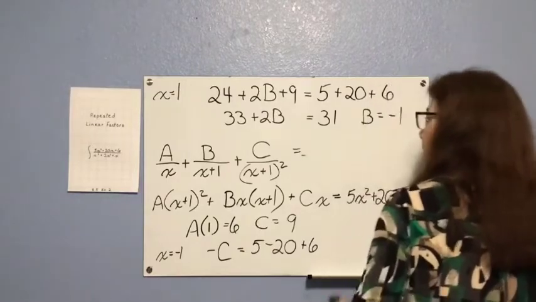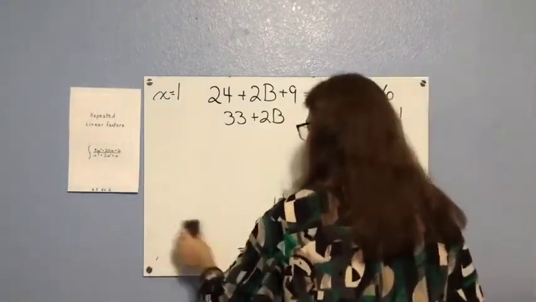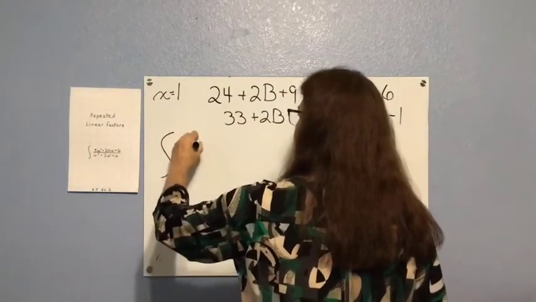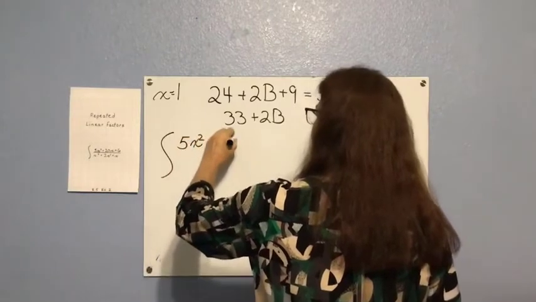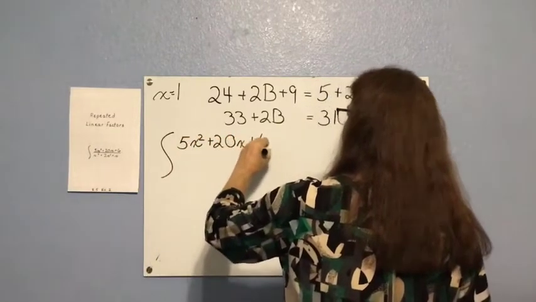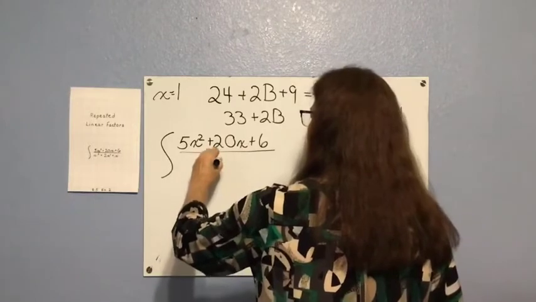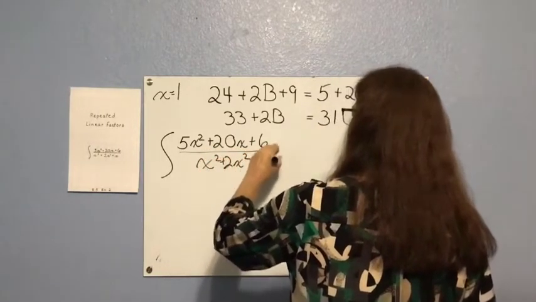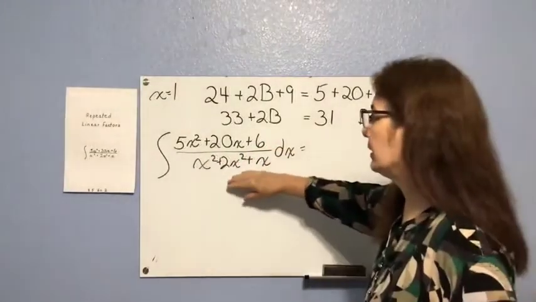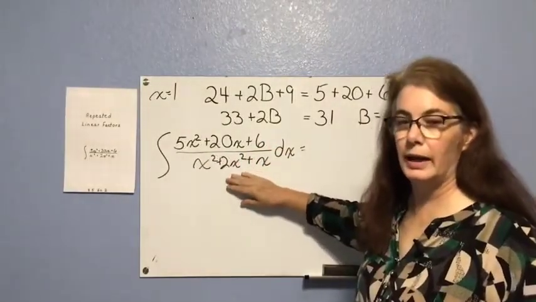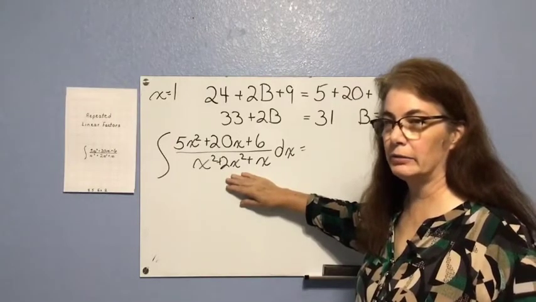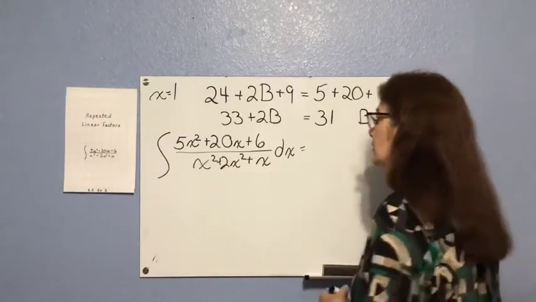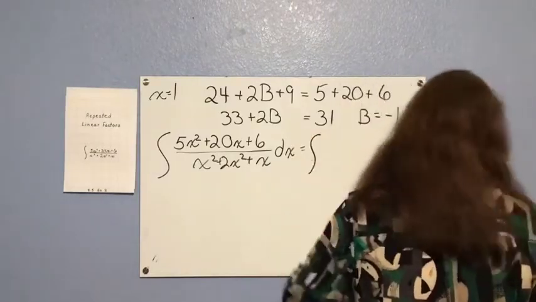So to write my integration problem now, I could say that the integral of 5x squared plus 20x plus 6 over x times (x plus 1) squared. Now I can take my original function and rewrite it as a 3-part integral with simpler functions. And that's going to look like this.